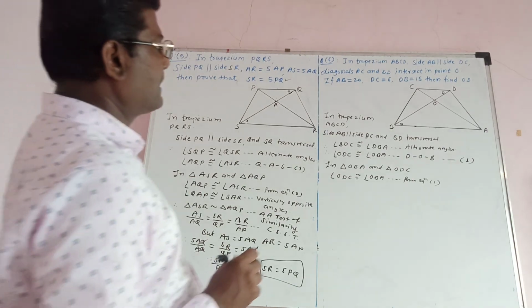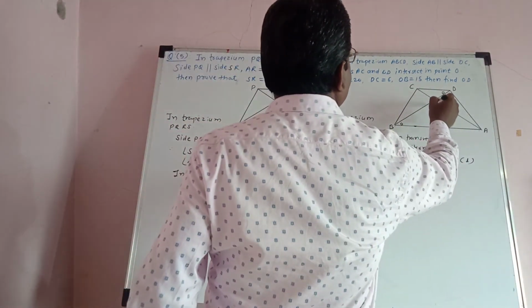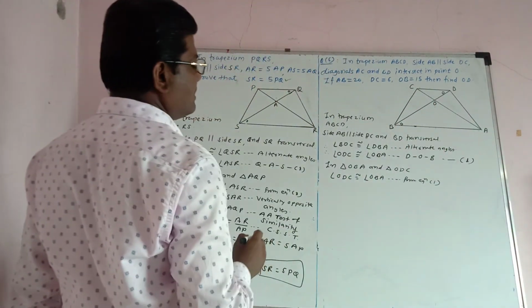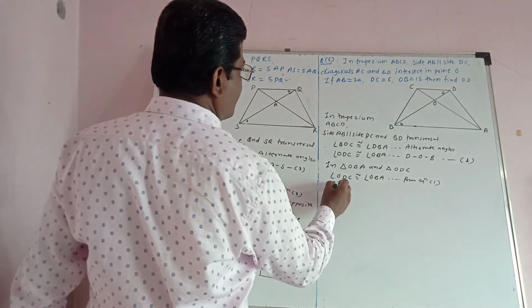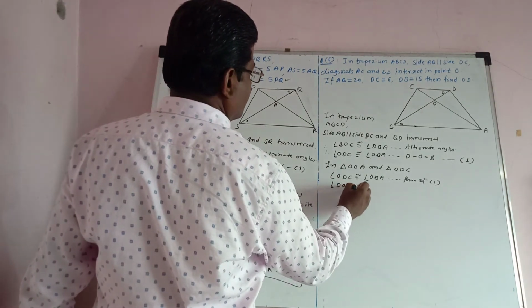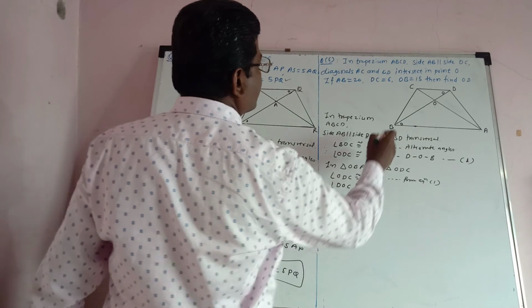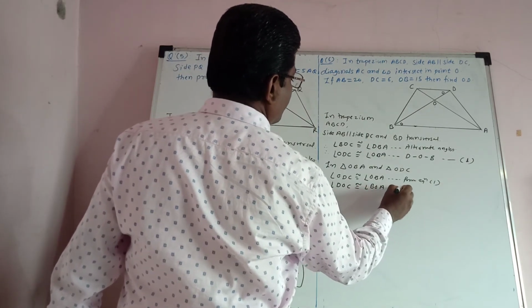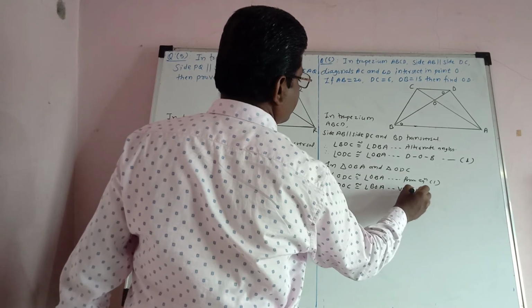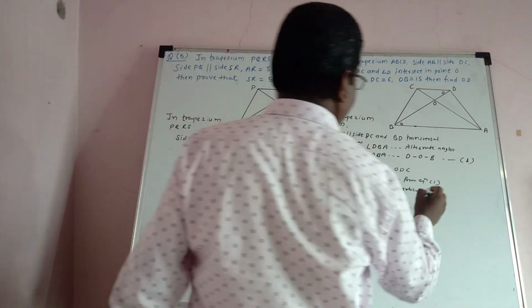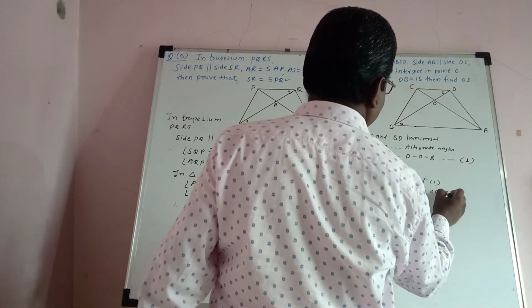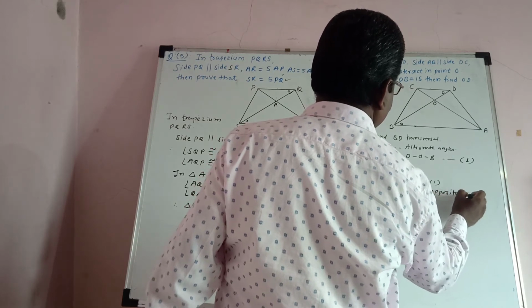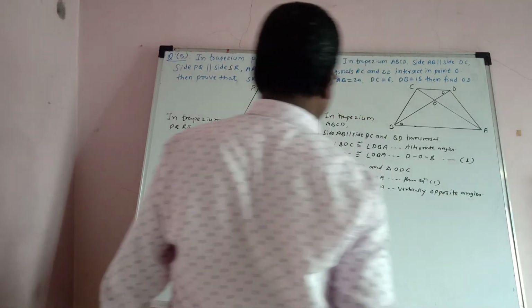Now these two angles are vertically opposite angles. Therefore we write angle DOC is congruent to angle BOA, vertically opposite angles.